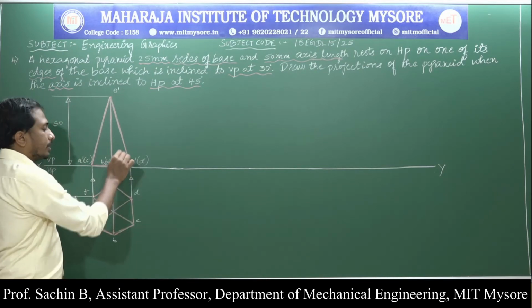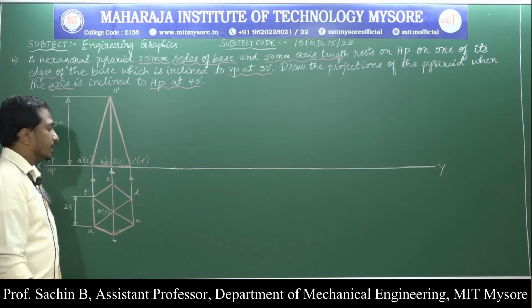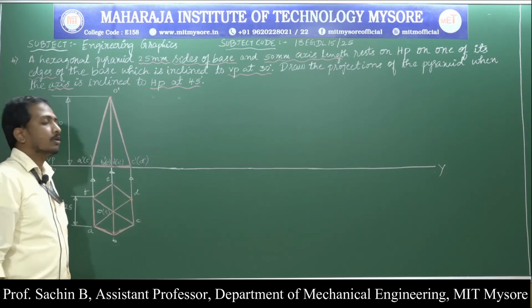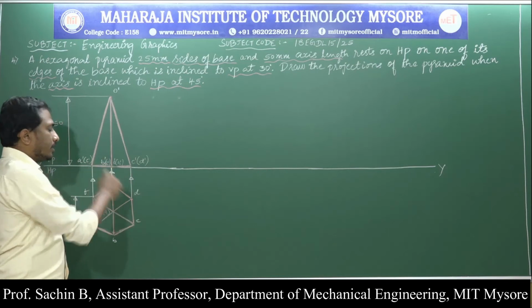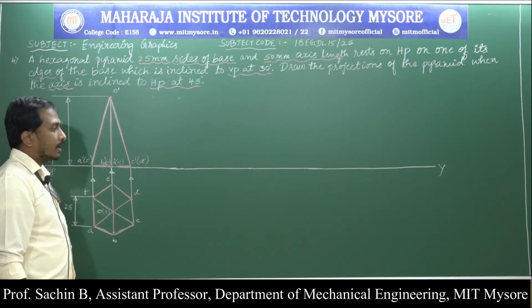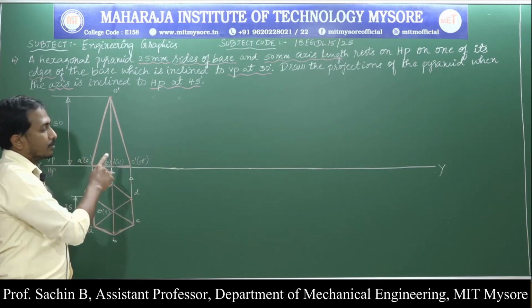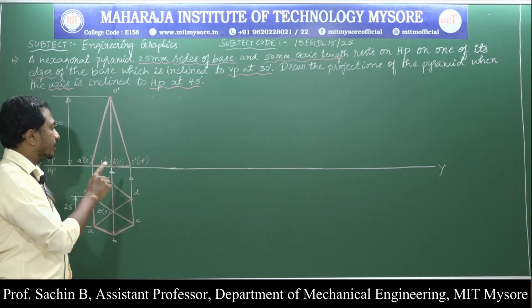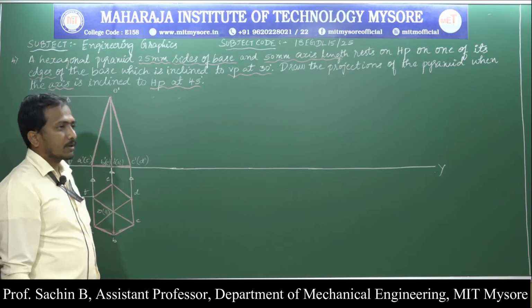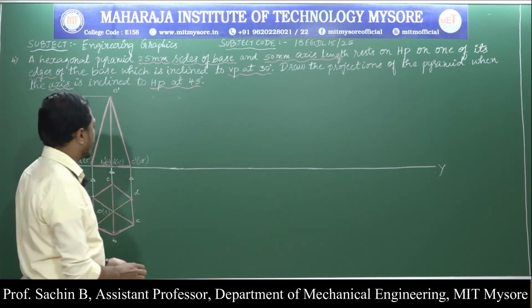They have given the axis inclination as 45 degree, but here we know that it is inclined to the base at an angle of 90 degree. Now I am going to subtract the given angle from this 90 degree angle. 90 minus 45, again we are going to get 45 degree.